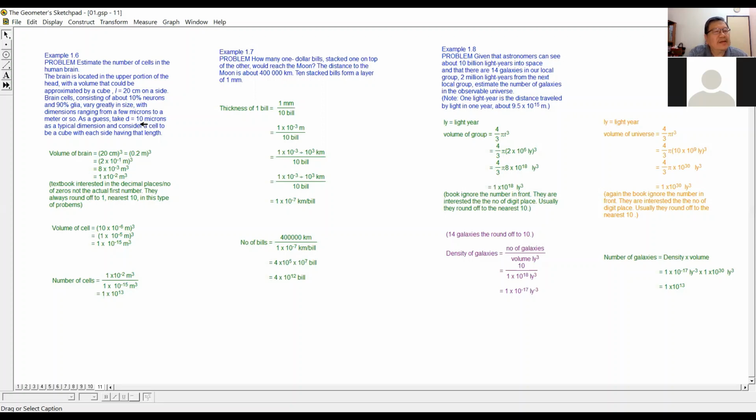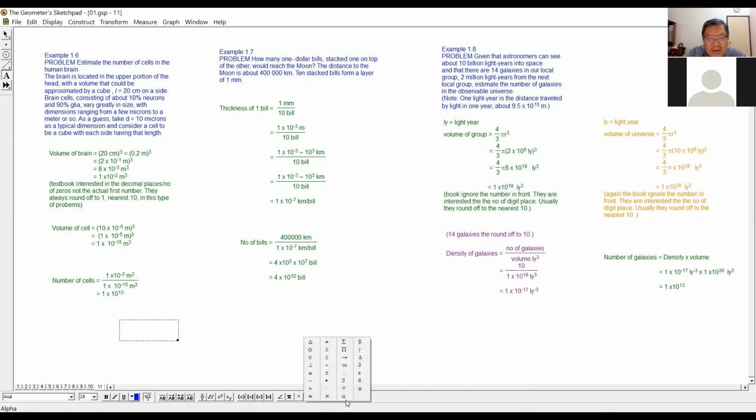Now, what is this micron? Micro is actually 10 to the power of negative 6.